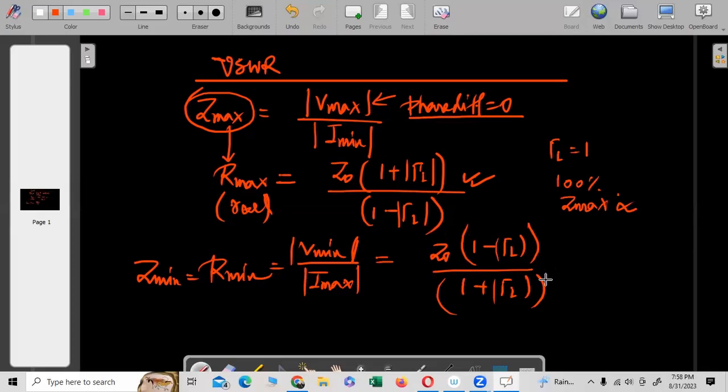Maximum you are getting. And when full reflection is there, that's why it is called Z min, it will be 0. I think it is quite clear.